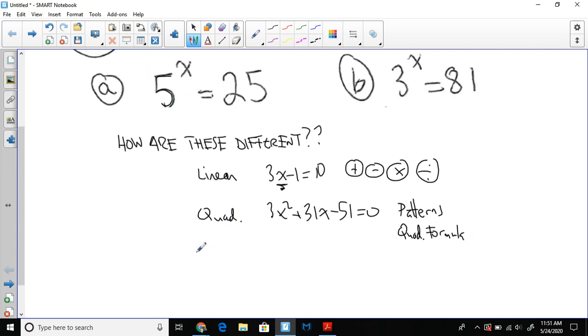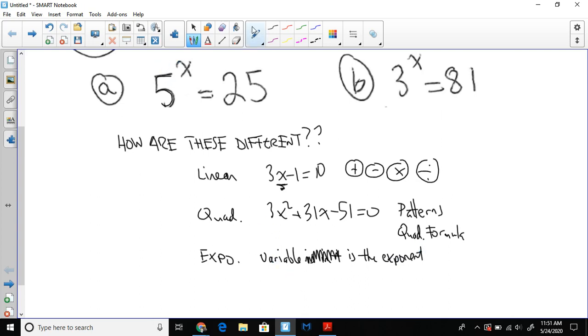Here with exponentials, the main difference fundamentally to the equation is that the variable is the exponent, right?